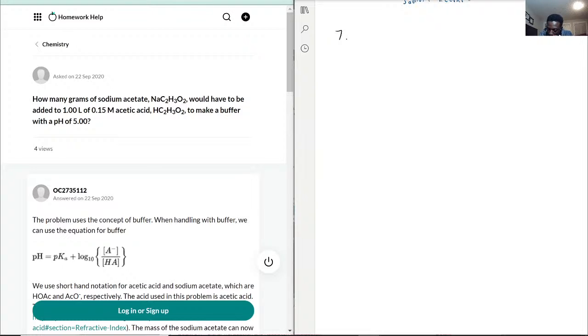So buffer solutions, what's important about them? You want to have the acid and its corresponding conjugate base.